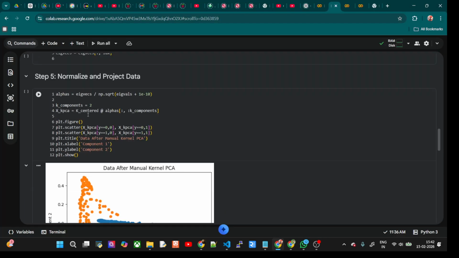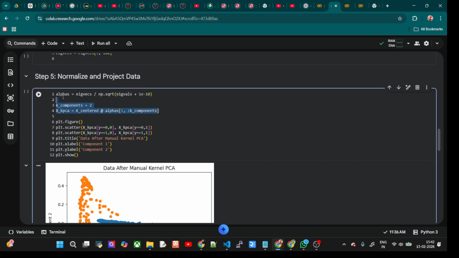This normalization step happens here, and then I project the data using two principal components.